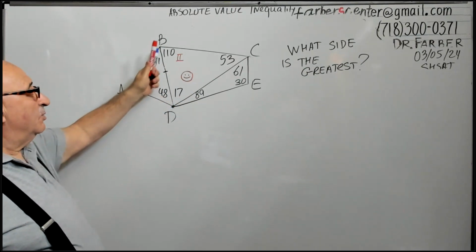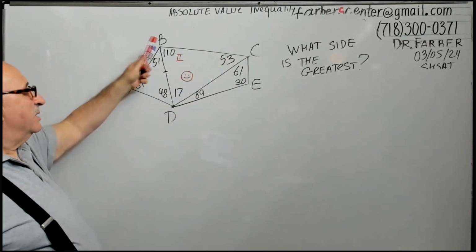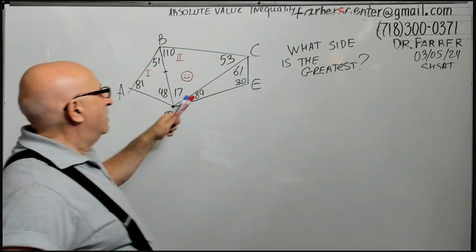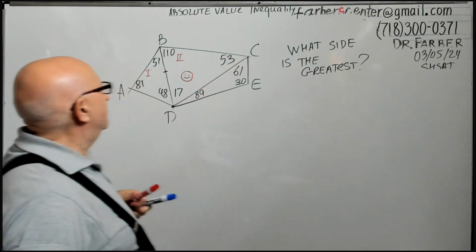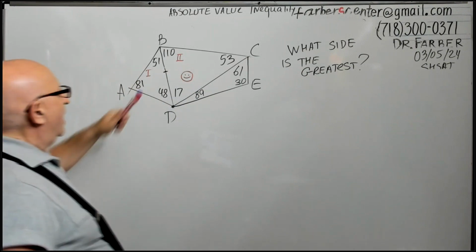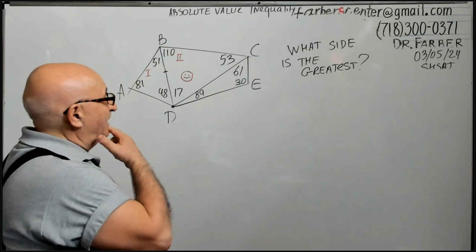But in triangle number 2, the side BD is opposite the angle of 53 degrees, and this is 110 degrees, the bigger angle.